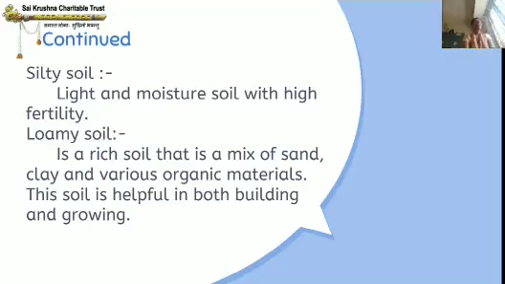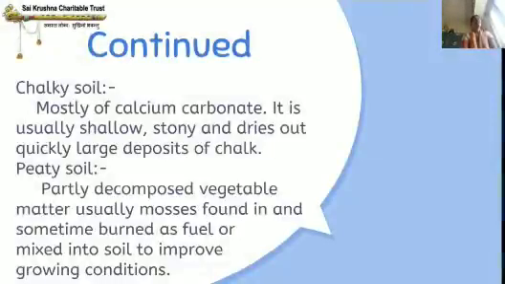So loamy soil is the mixture of sand and clay and various organic materials, and this soil is helpful in both building and growing. And chalky soil, mostly of calcium carbonate. This soil consists mostly of calcium carbonate.